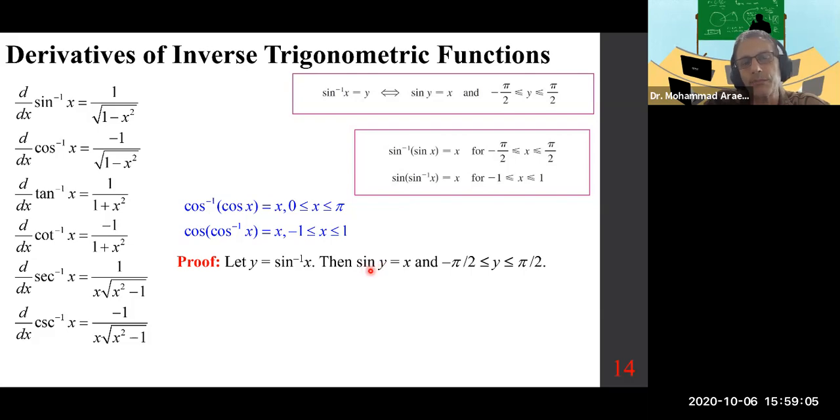Sine y. What is the derivative? Cosine y times y prime, or dy dx, equals x gives us 1. So we are doing implicit differentiation. So what is dy dx? 1 over cosine y.